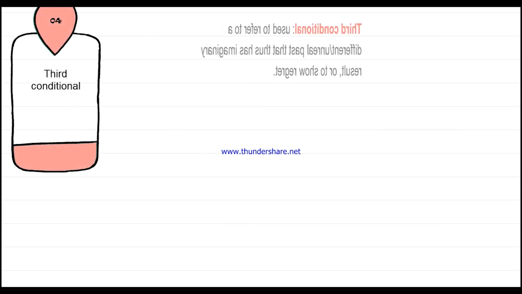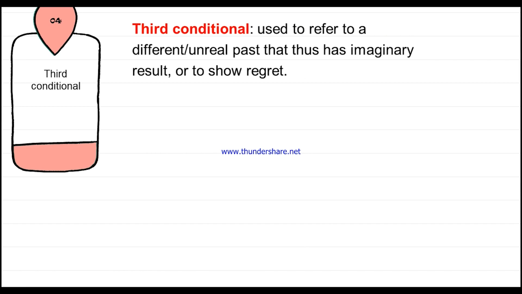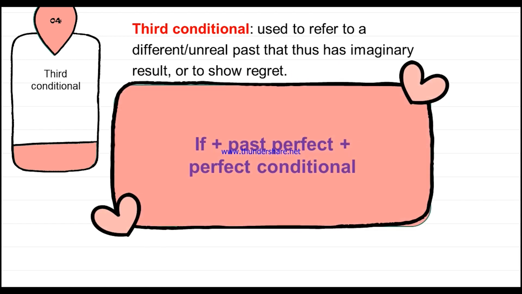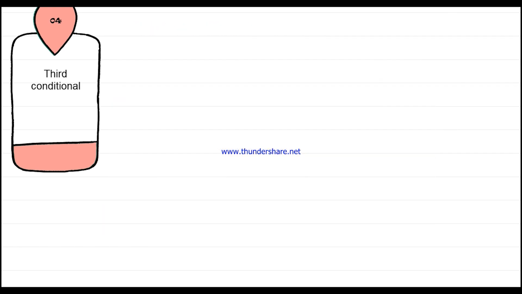Next, we move to the third conditional. The third conditional is used to refer to a different or unreal past that thus has imaginary results. It can also be used to show regret of the speaker. The structure is if plus past perfect plus perfect conditional, or would have plus past participle.